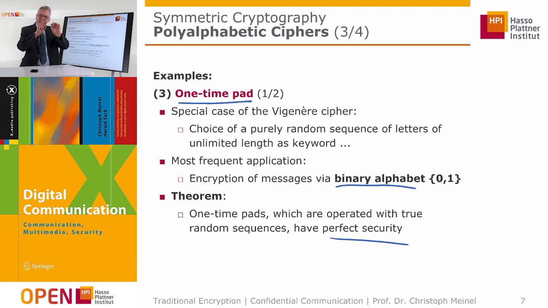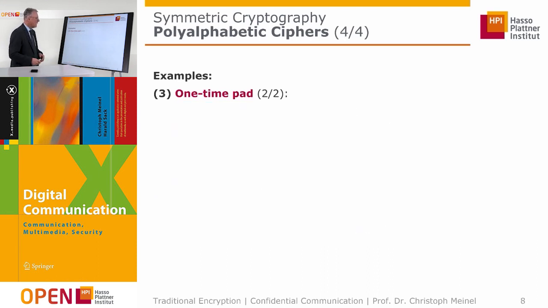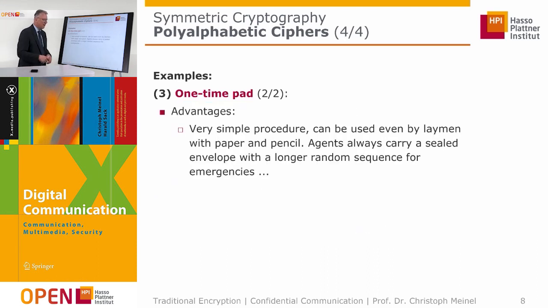So by having a real true random sequence of 0s and 1s, and our message of 0s and 1s, we get with this one-time pad a very secure encryption method. The advantage of this very secure method is that it's a very simple procedure that can be used by any layman with paper and pencil.